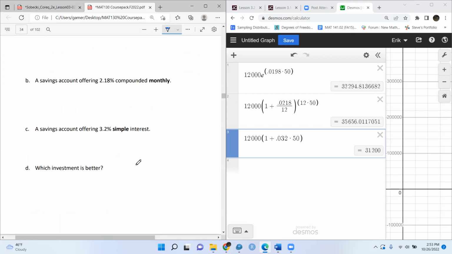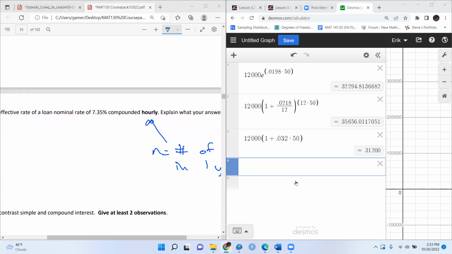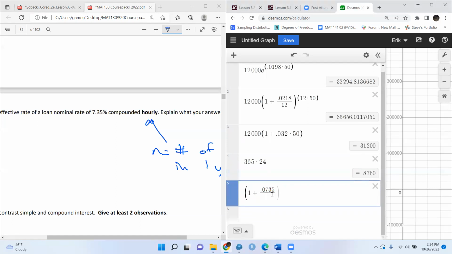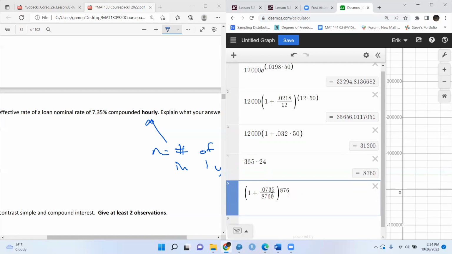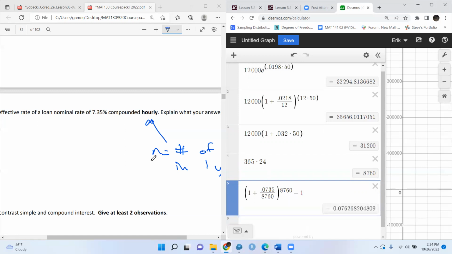Yep. Good. So the effective interest rate, let's see, how many hours did you get in a year? 8,760. I agree. So that's our N. So we're going to do 1 plus 0.0735 divided by 8,760, raised to the 8,760, minus 1.